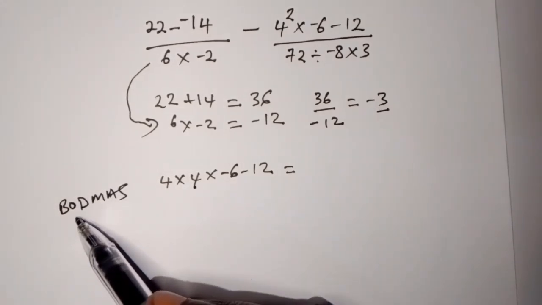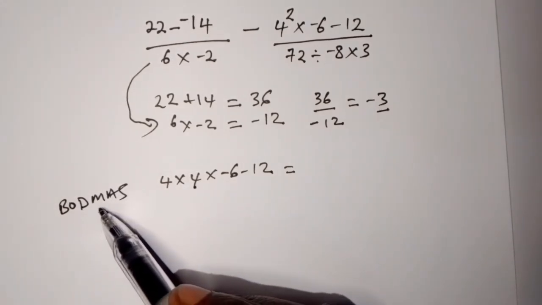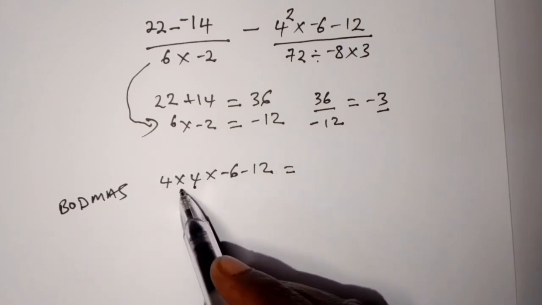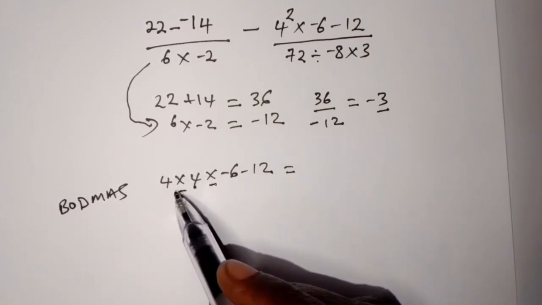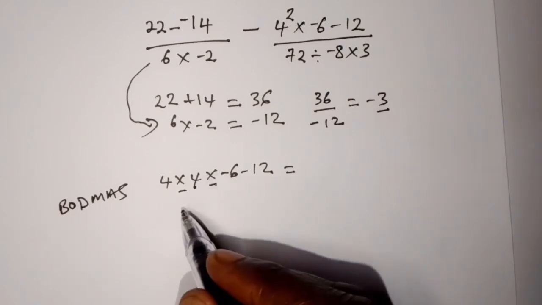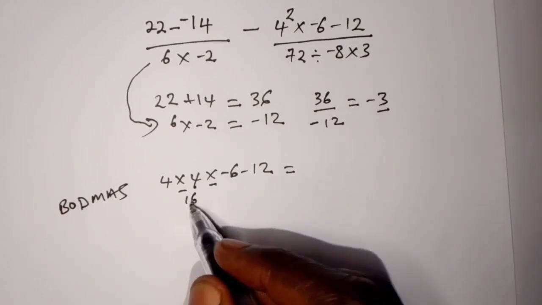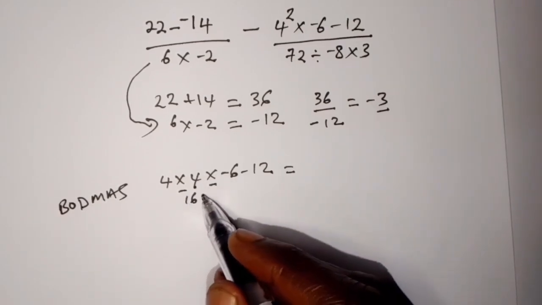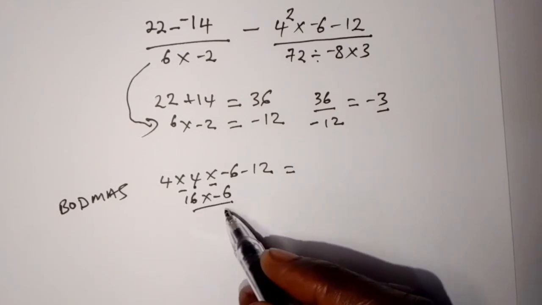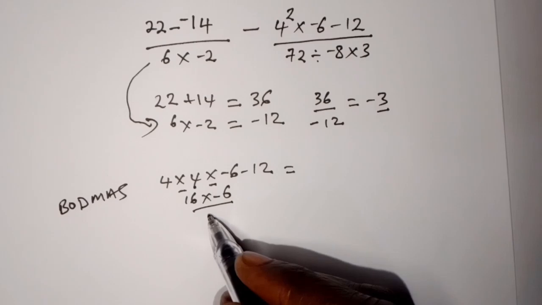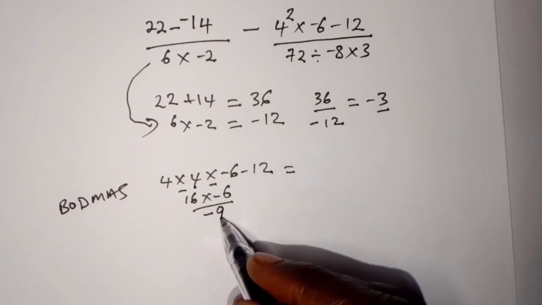BODMAS is bracket, of, division, multiplication. This is multiplication, this is multiplication. So we multiply 4 by 4, which is giving us 16. We multiply by negative 6 here. That is giving us a negative 96.